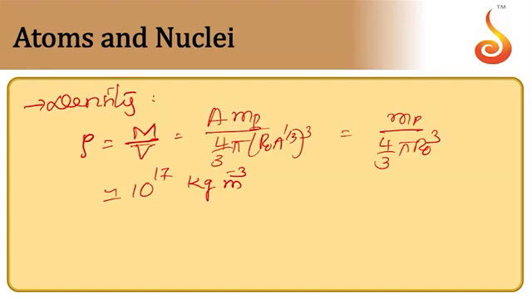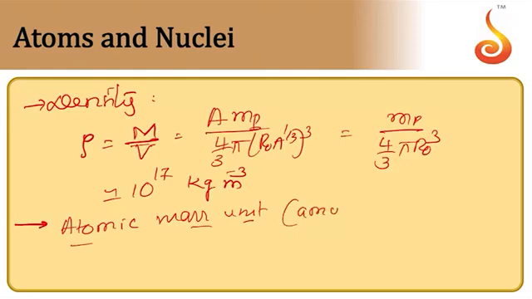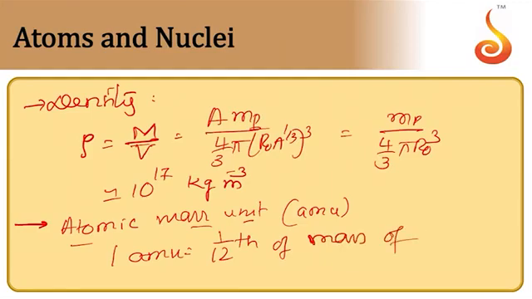One of the important concepts which is quite useful for handling problems is the idea of atomic mass unit, represented by AMU. 1 AMU is equal to 1/12 of the mass of a carbon nucleus.